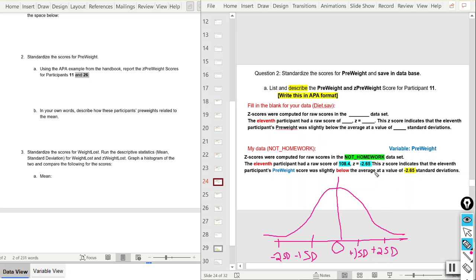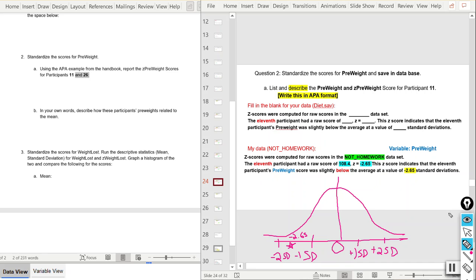And what we're going to get is for participant 11, it's going to be right around here, negative 2.65. That's how far it is away from the mean, and the mean is going to be 0.